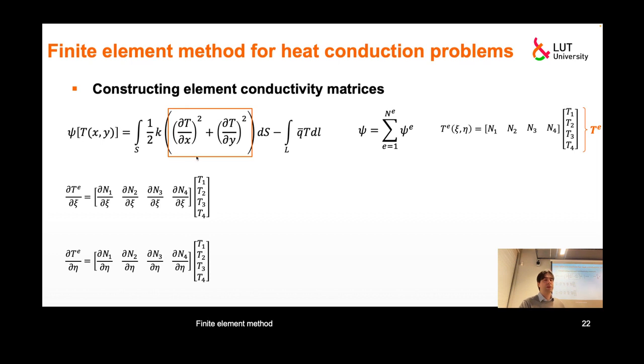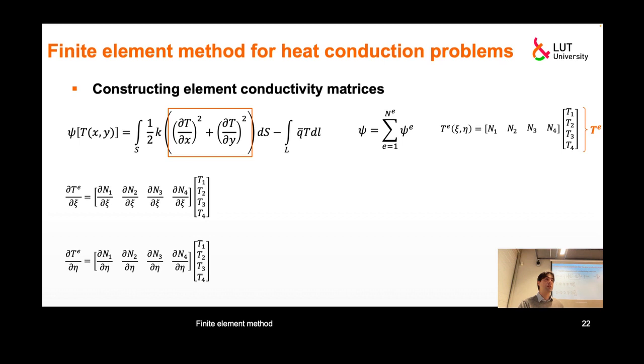So we notice that we have those derivatives. How can we calculate those derivatives if we know our interpolation? Let's calculate them. They are squared, to the power 2, but they are first derivatives. So if I am using this interpolation, this one, and I want to calculate derivative, what does depend on coordinates here? Those are just values of temperature at nodes. They do not depend on anything, just scalar quantities.